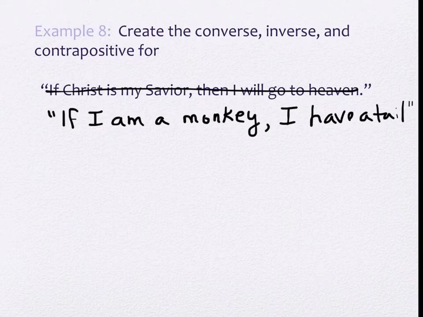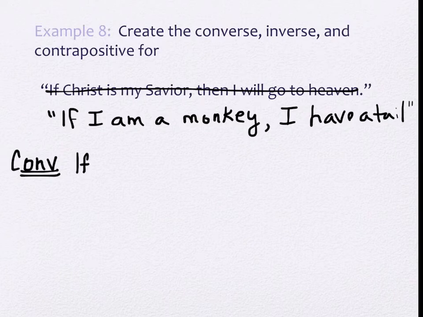So we're going to write the converse, inverse, and contrapositive. So what does a converse do? It switches P and Q. So it switches the order of the way that it's written. So what's going to be coming at the beginning of this? Well, the first word is if, but then what's going to come after the if?